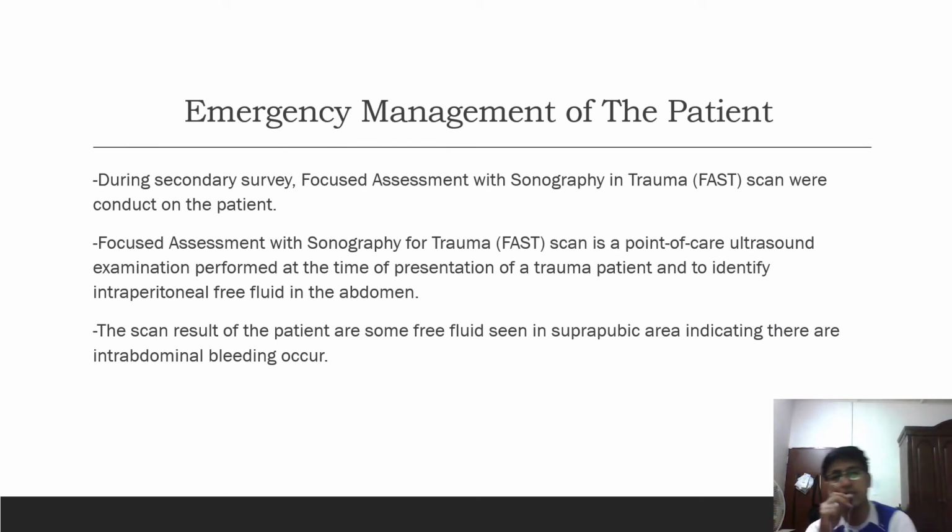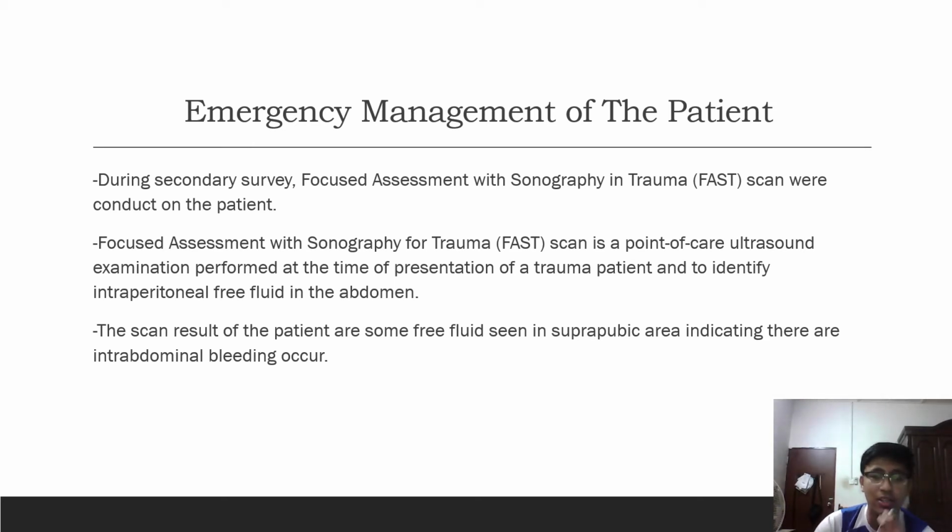Meanwhile, during the secondary survey, a focused assessment with sonography in trauma (FAST) plus scan was conducted on the patient. The FAST scan is a point of care ultrasound examination performed at the time of presentation of a trauma patient to identify intraperitoneal fluid in the abdomen.